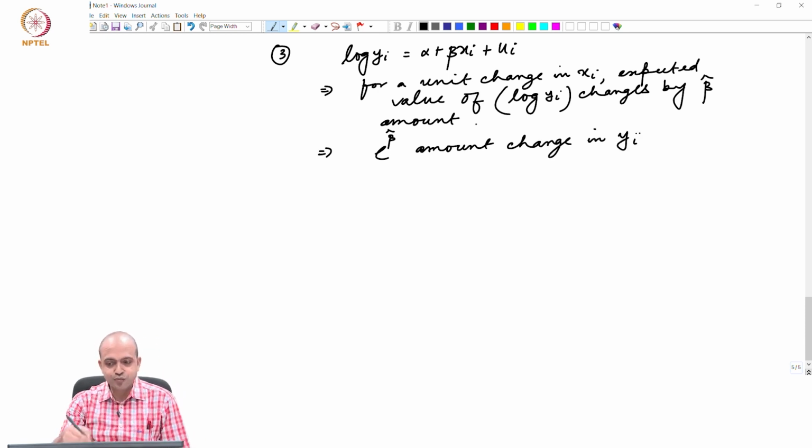When x changes by 1 unit, y changes by e to the power beta hat amount.